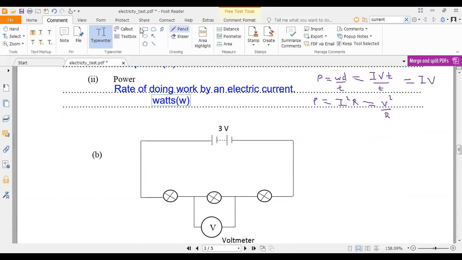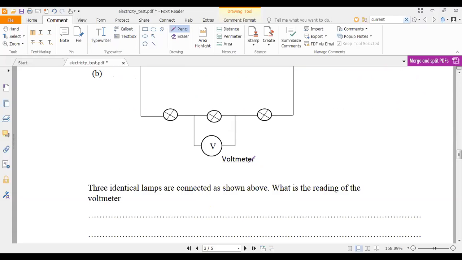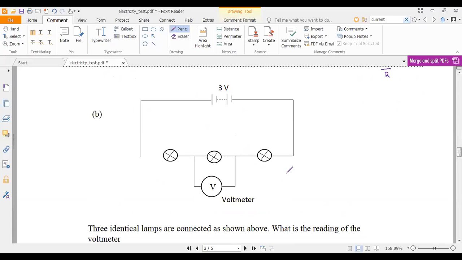Okay, so next we have a question here, in which they are telling us that 3 identical lamps are connected as shown above. What is the reading of the voltmeter? Before we take the reading, you can see that all these lamps are arranged in series.